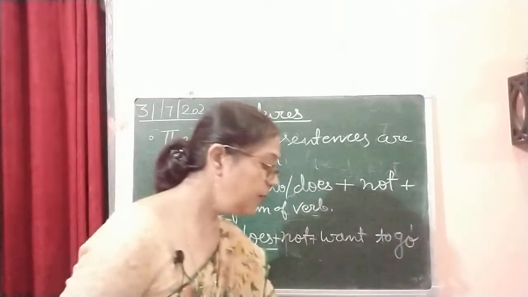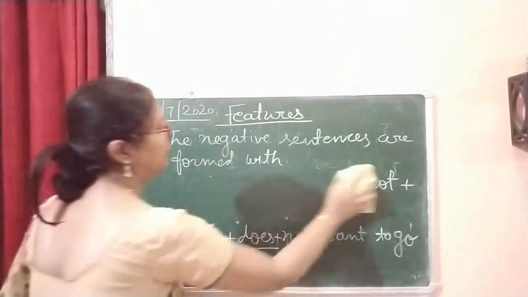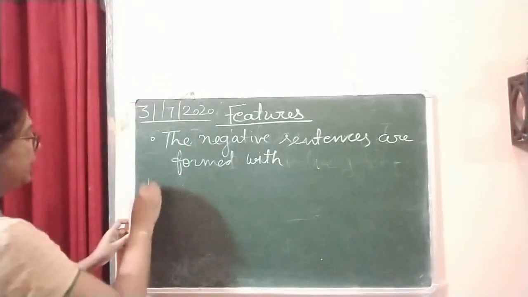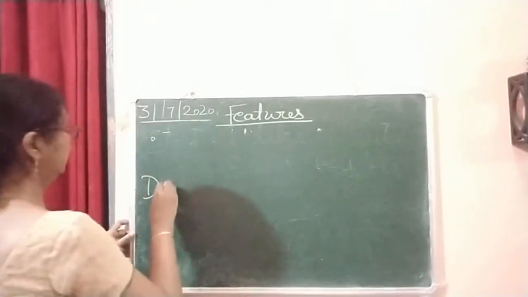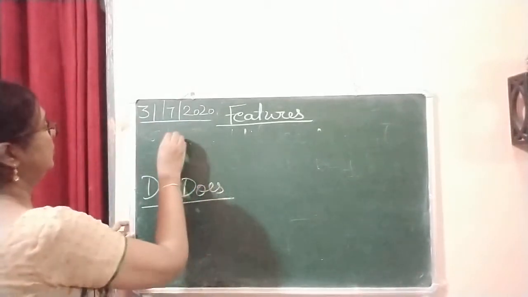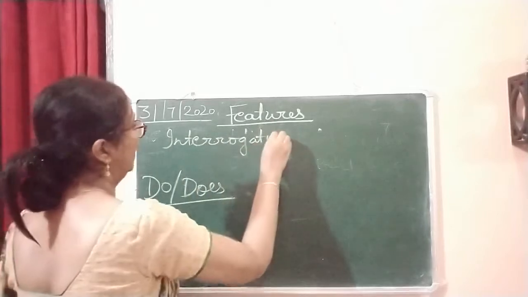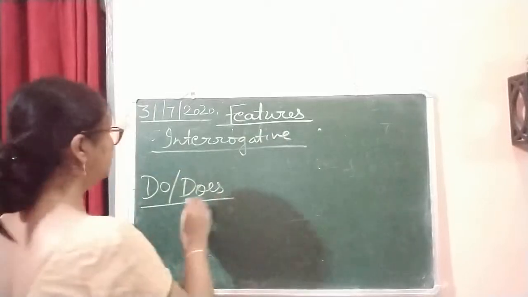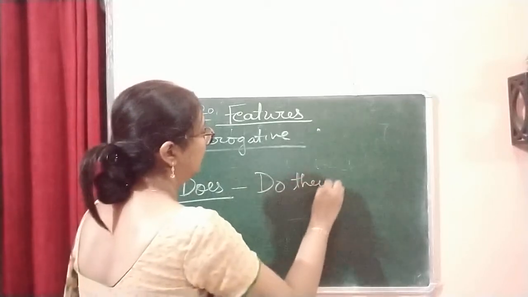Now, how are we going to make an interrogative sentence? First of all, we write down do or does. For example, do they play?